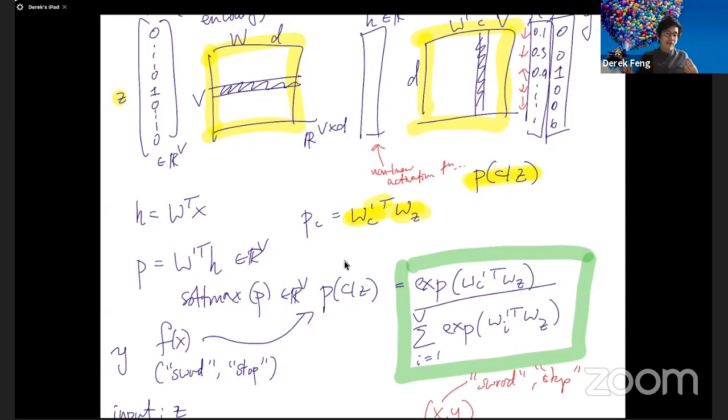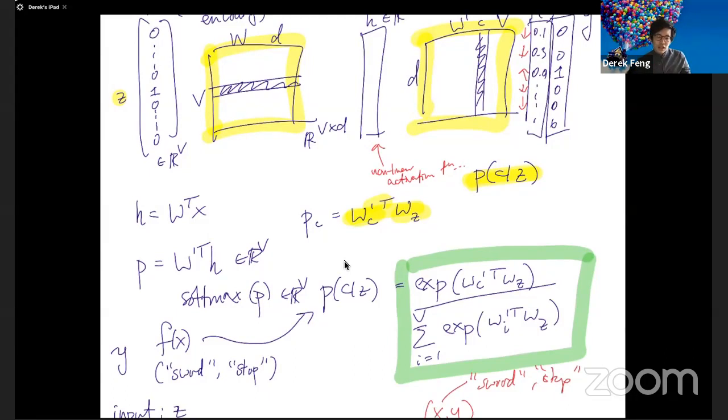And if I have a humongous vocabulary, and say 200 dimensions in my embedding space, this is going to be actually pretty expensive, right?